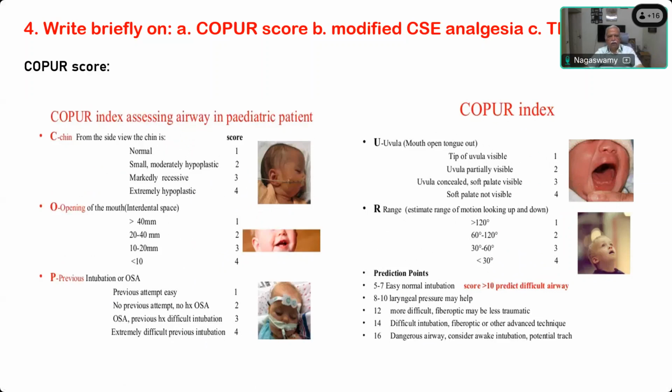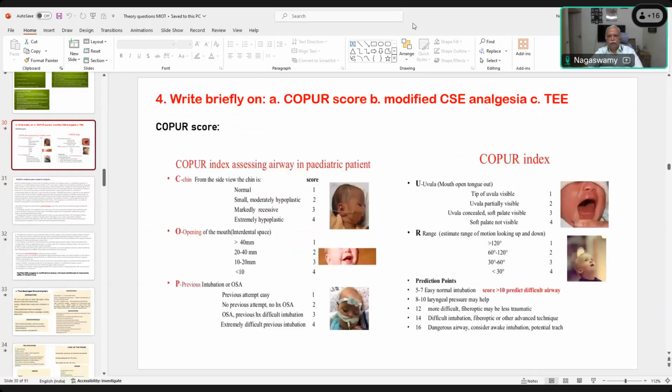Okay, so this is one of the rarely asked short note questions which you have to remember. So remember the 5 components: chin, opening of the mouth, previous intubation or OSA history, uvula visibility, and range of movement of the neck. Okay, these components you have to do.